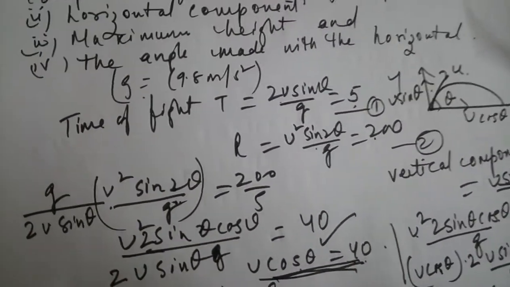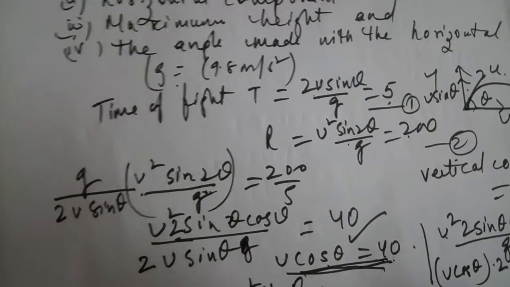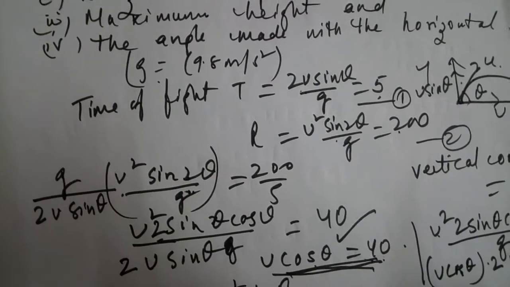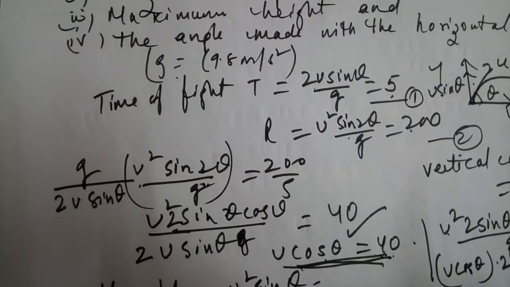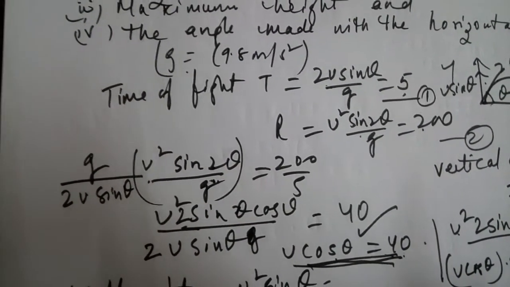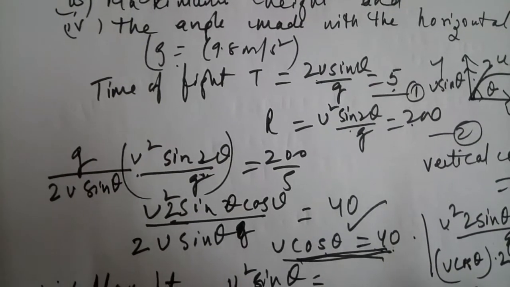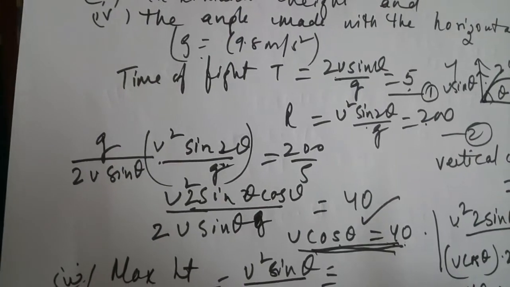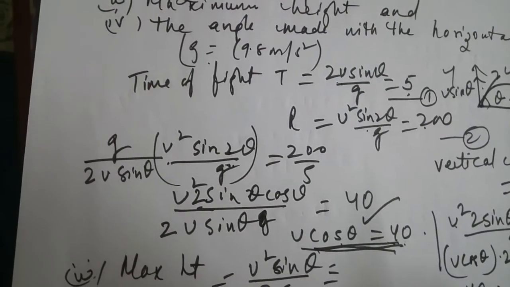So what exactly is needed? The formula. If you don't know the formula, things become difficult. You need to understand the components: the vertical component is always u sin theta, and the horizontal component is u cos theta. Use the formula, substitute the given values, and divide to get the relevant value. First we got the horizontal component u cos theta.